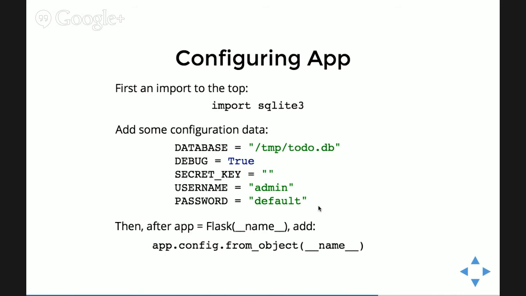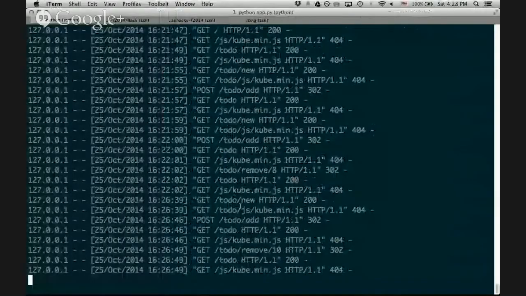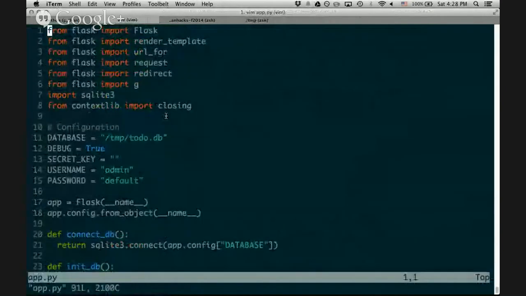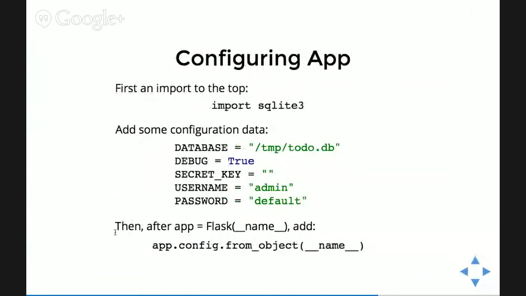So at the top, it's going to look a little overwhelming, like a lot of code. I imported a bunch of stuff that we're going to need. Most of these you'll see later.